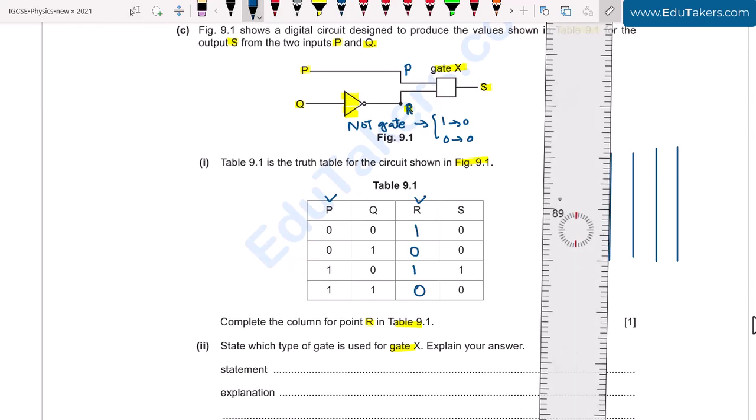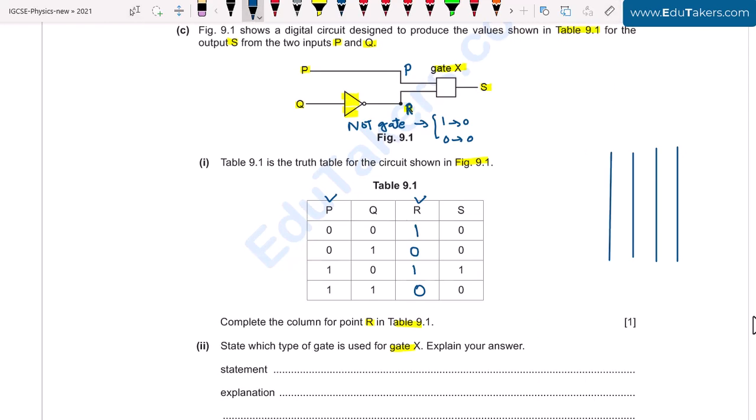So again there are two inputs. Here P and R are used. I also use P and R and S. First of all, here is 0 and input of R is 1. Second combination is 0, 0 and 1, 0 and 1.